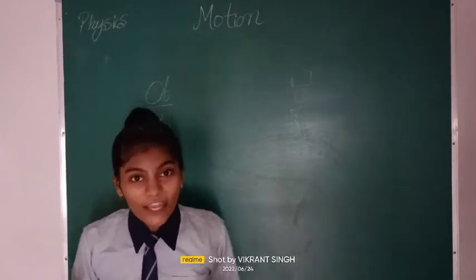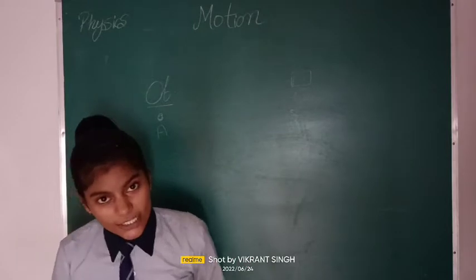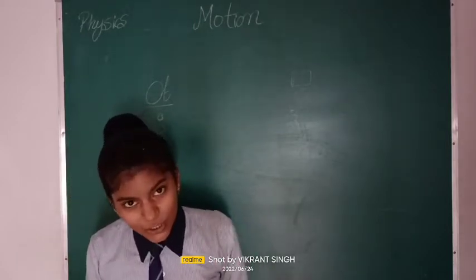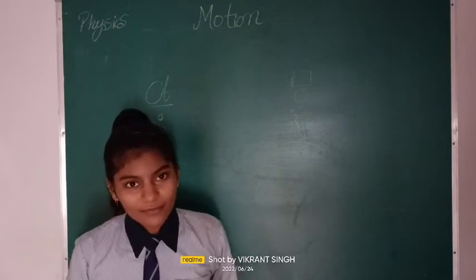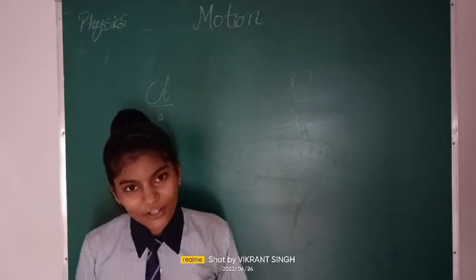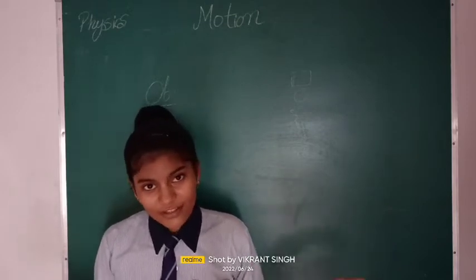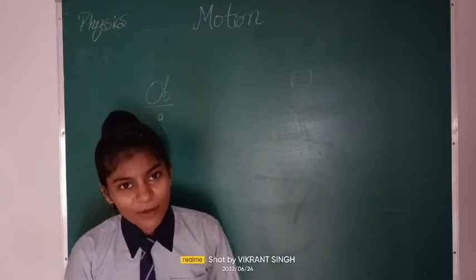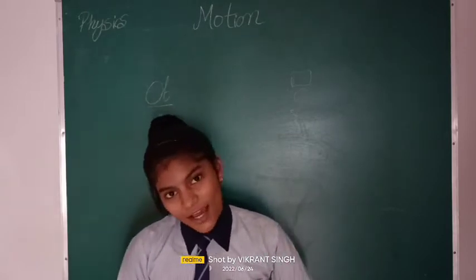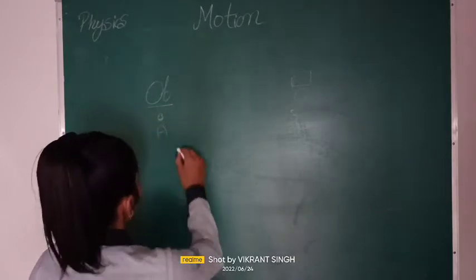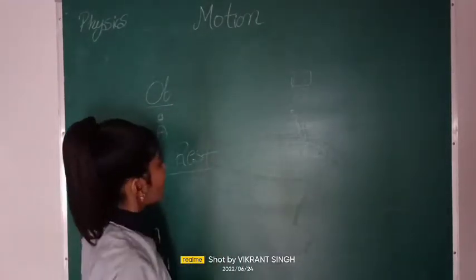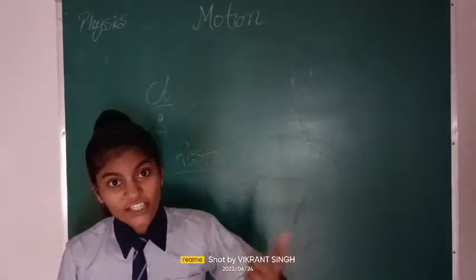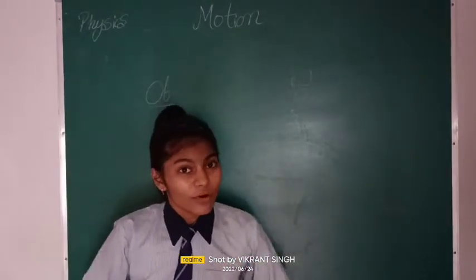Okay, got it? So what is motion? Motion is when a body changes position with respect to time. And the opposite, rest: if a body doesn't change its position with respect to time, it's called rest.